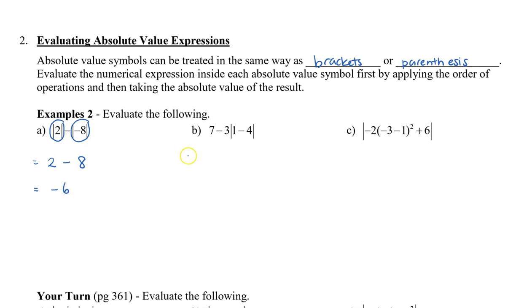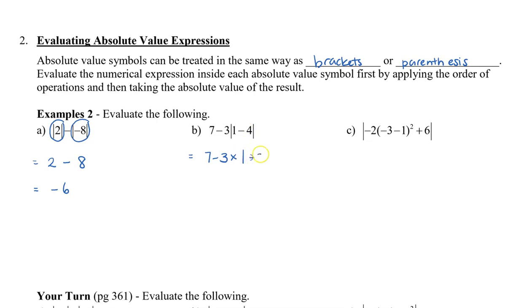All right, let's take a look at the next one. So they're getting longer and longer. This time the absolute value is around the 1 minus 4. So we're going to evaluate that first because it's kind of like brackets. So we have 7 minus 3, which I'm going to rewrite down. And there's nothing connected to 3 and this absolute value symbol, so that actually means times in the middle. And then 1 minus 4 is negative 3. Now I'm not taking the absolute value yet.